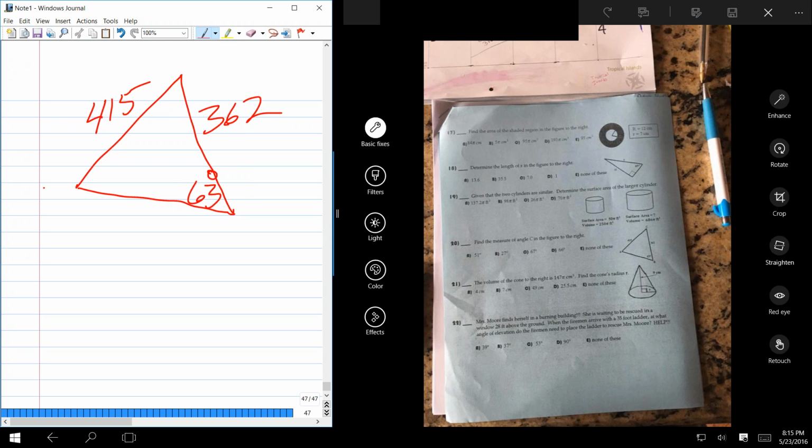So let's label it. That's A, B, C. So what's the law of sines say? What do they want us to solve for?